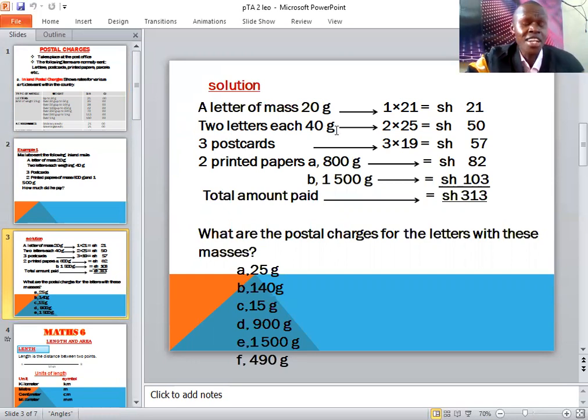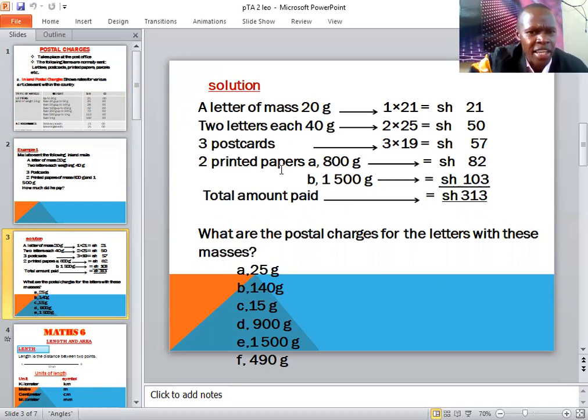That means we shall take 2 times 25, we shall get 50 shillings. Next, 3 postcards. What was the cost of sending 1 postcard from the table? It was 19. So we are going to take 3 times 19, and the answer becomes what? 57 shillings.